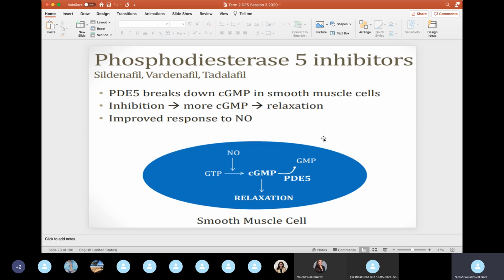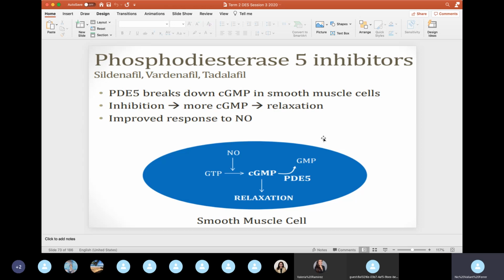Okay, let's summarize. Therefore you have a relaxation of the smooth muscle cells.